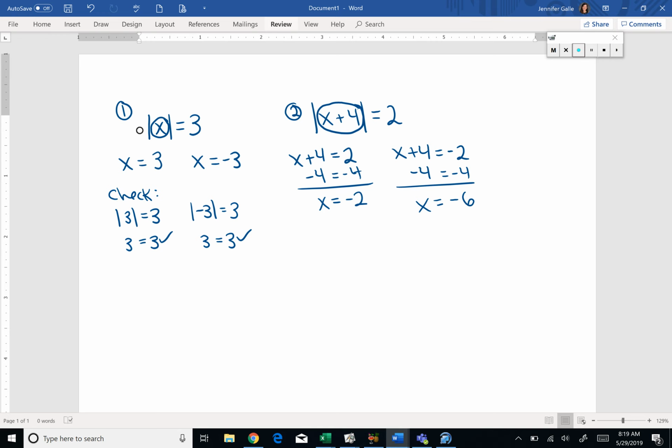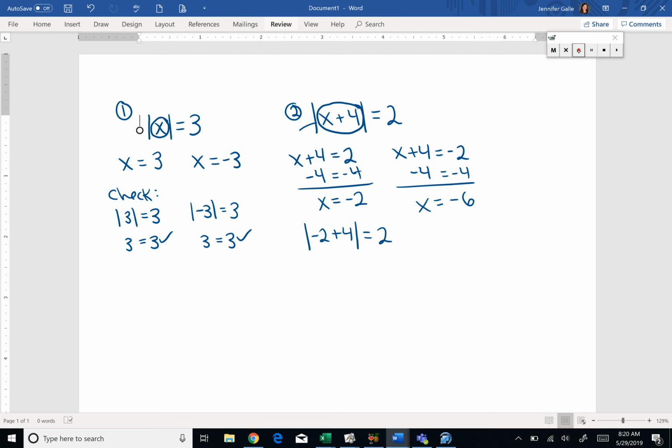Now I want to make sure we're right. I said for the first couple I was going to check with you. I want to make sure that we are right. So I'm going to check x equals negative 2 first. So I have an absolute value bar. Instead of x, I'm going to put negative 2. We have the plus 4 in there. And we want the end result to be 2.